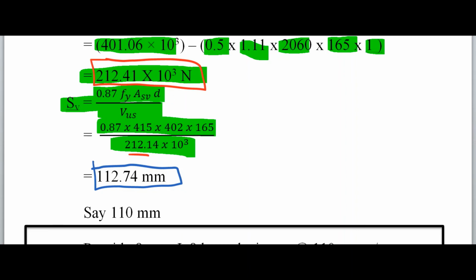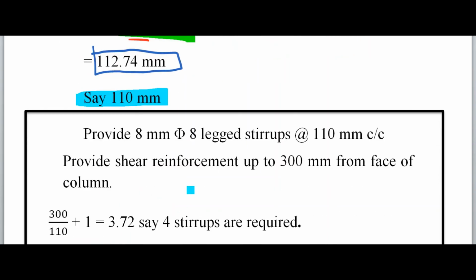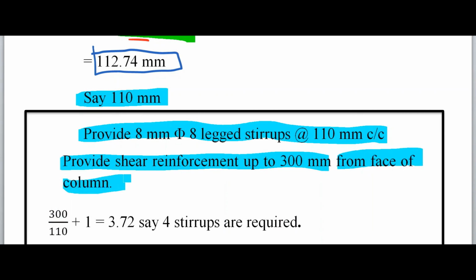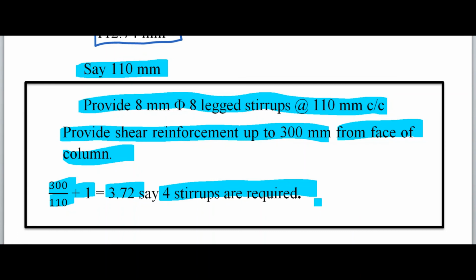To be safe we can say provide 110 mm spacing. That's why we provide 8 mm dia 8 leg stirrups at 110 mm center to center. Provide shear reinforcement up to 300 mm from the face of column. So 300 by 110, so 3.72, means 4 stirrups are required.